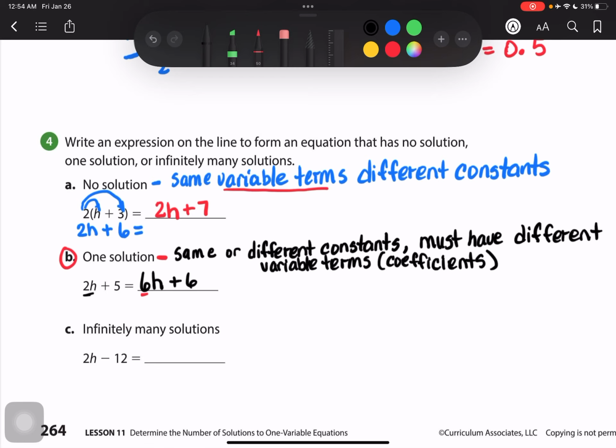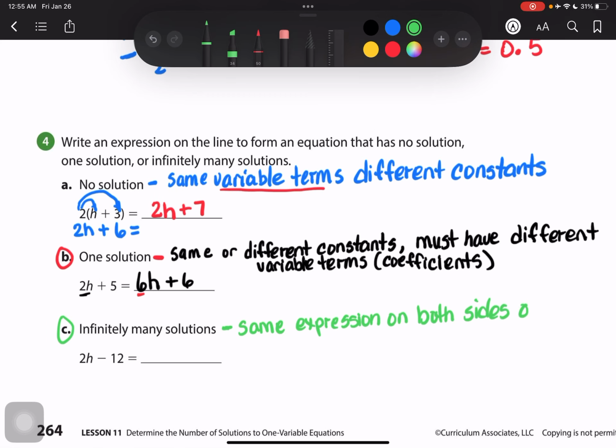Letter C. It says infinitely many solutions. If it's infinitely many solutions, you have to have the same expression on both sides of the equal sign. Okay, so that means you have to have the same constant and the same variable term.